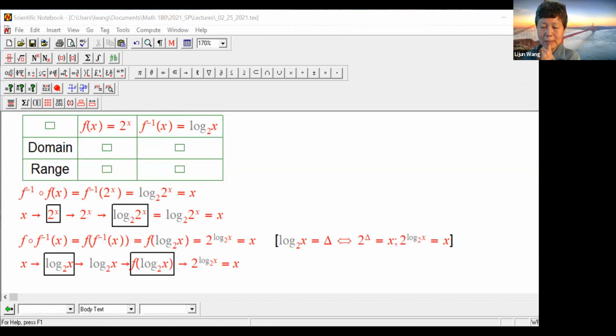The other thing is I want to remind you that you must have learned how to find inverse, right? Did you guys learn how to find inverse before? Kind of, sort of. Okay, this will give you another perspective, of course. And you know the domain and range here.